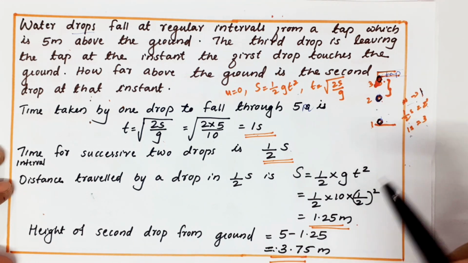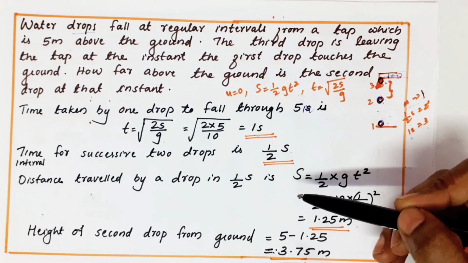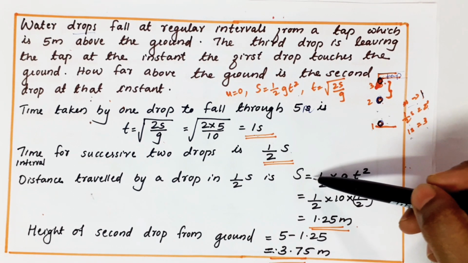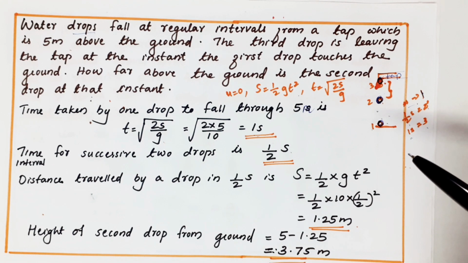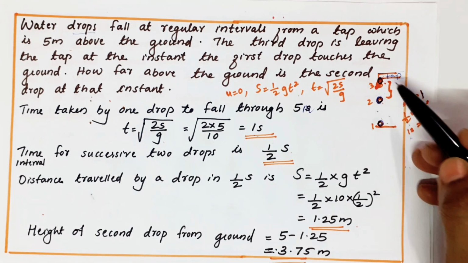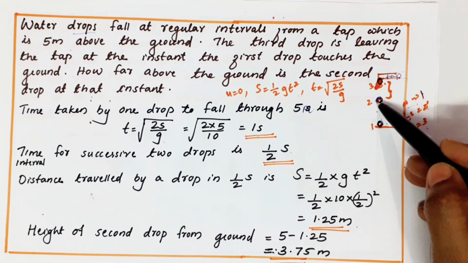Then I should calculate here what is the distance traveled by the drop in half second. So half second, how much it is traveling, that I can take here s equal to half gt square, because when the first drop reaches the ground, the second drop is at this point.